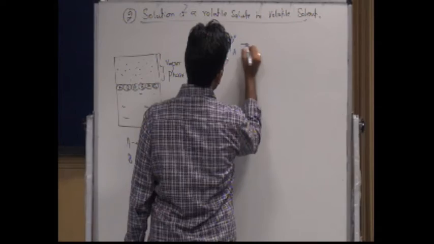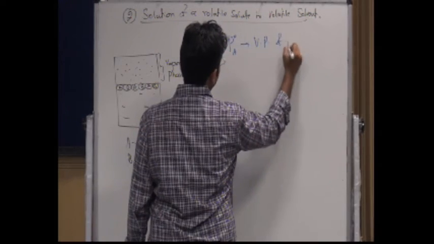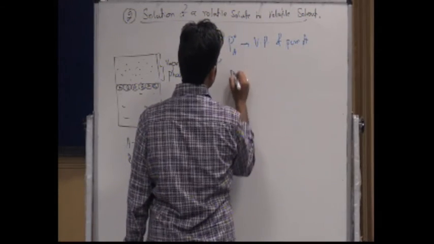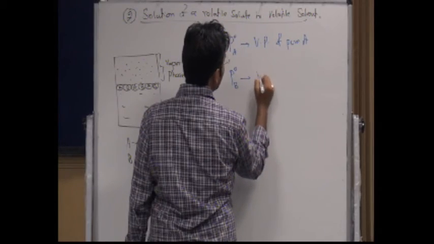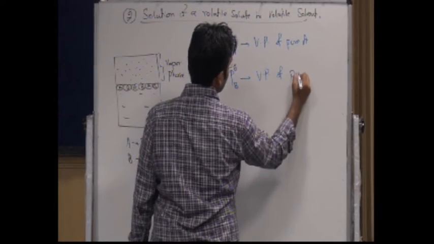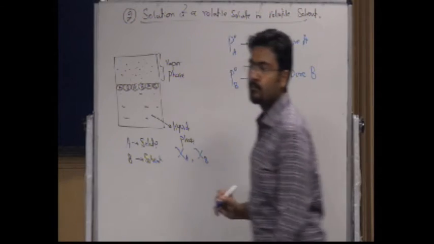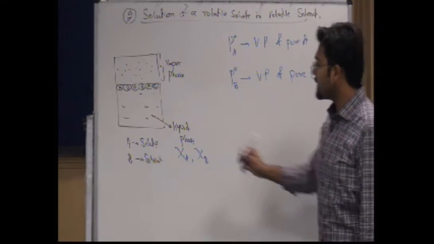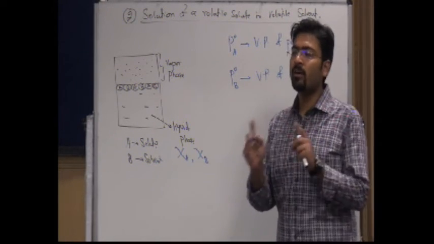P naught A is the vapor pressure of pure A. P naught B is the vapor pressure of pure B. Right? Now let's just apply this equation only to the solvent first.